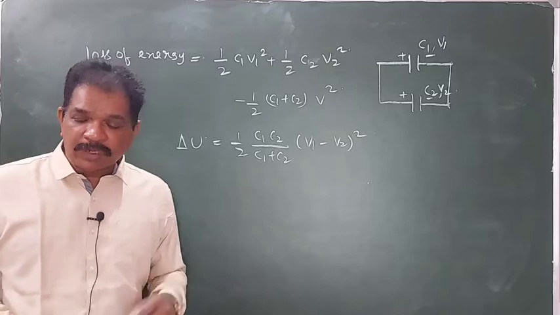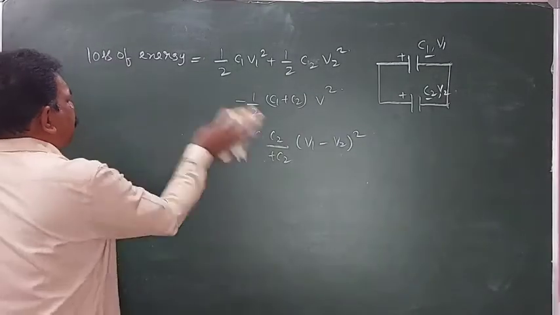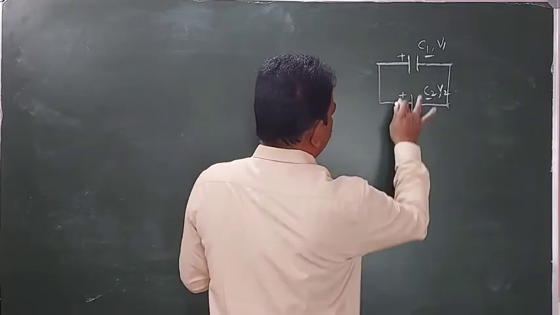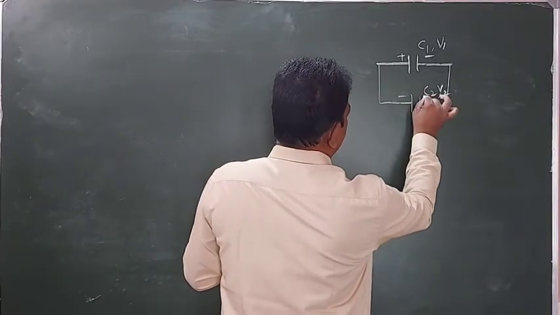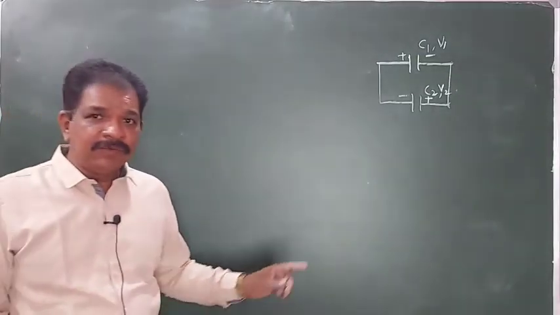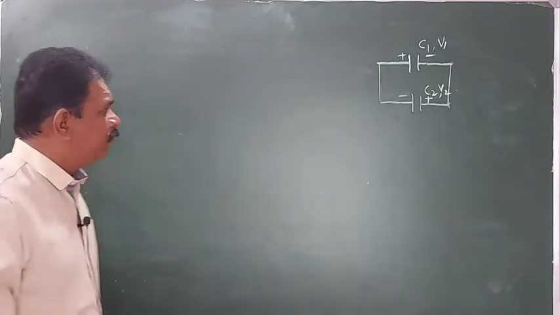Here one more model will be, if capacitors are connected like this, positive is connected to negative, negative is connected to positive of the other.